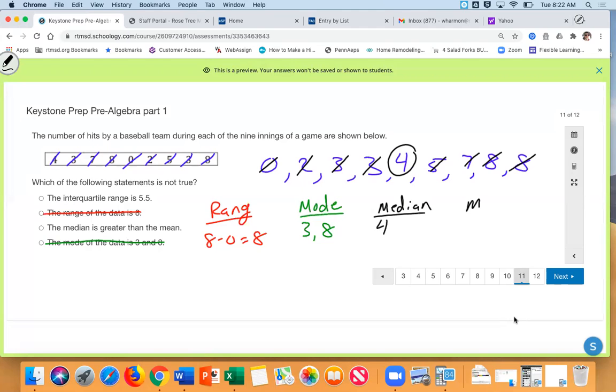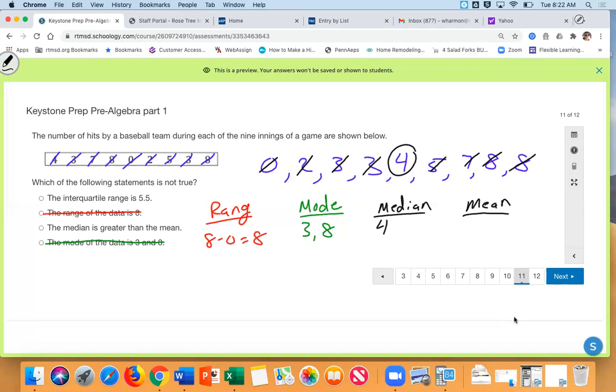Now what's the mean? The mean is I have to add them all up. So 0 plus 2 is 2, plus 3 is 5, plus 3 is 8, plus 4 is 12, plus 5 is 17, plus 7 is 24, plus 8 is 32, plus 8 is 40.